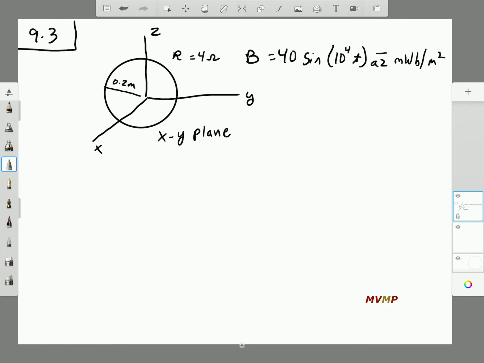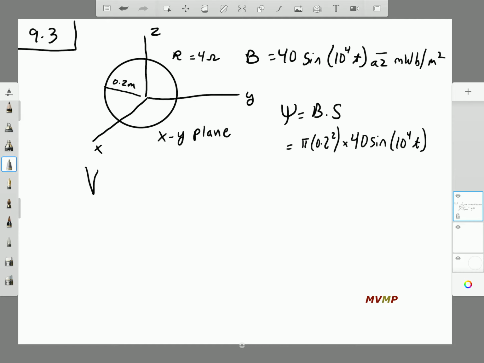So the first thing we got to do is realize that our flux is just B times S, which for this circle will just be pi r squared again. So it will be pi 0.2 squared times 40 sine 10 to the 4 t.